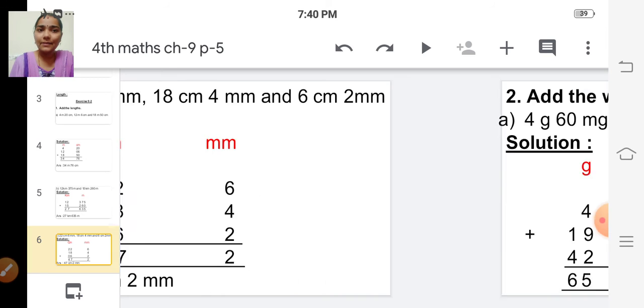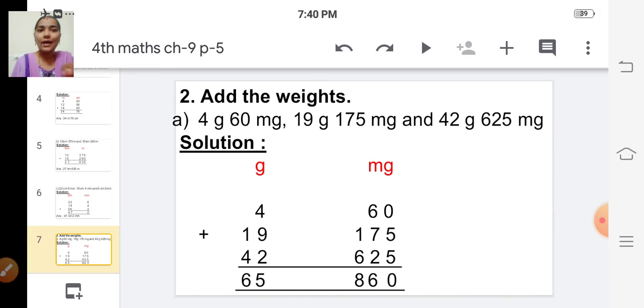So, similarly, we are going to add the weights. First weight is 4 gram 60 milligram. And second weight is 19 gram 175 milligram. And third weight is 42 gram and 625 milligram.